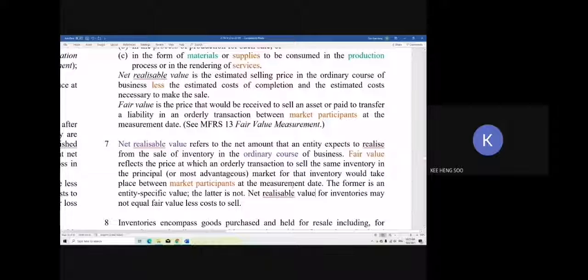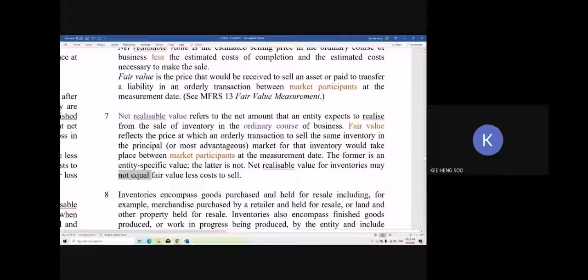The amount is not equal already. Okay, this is called market participants.